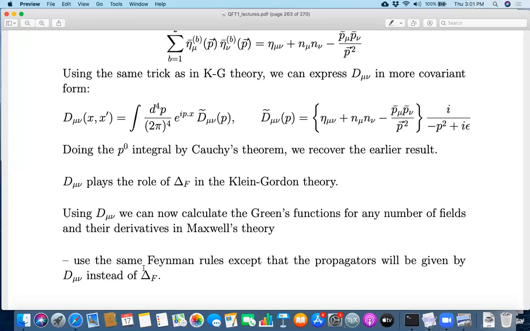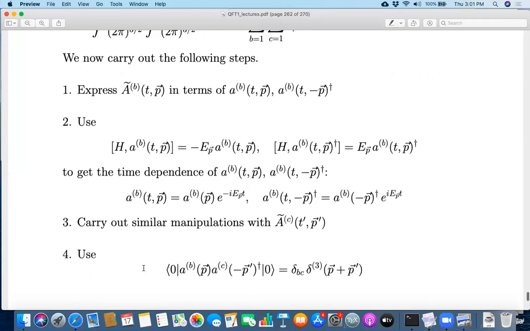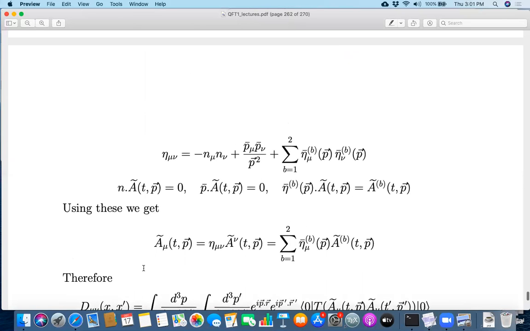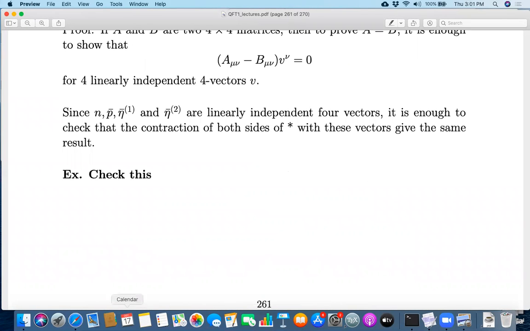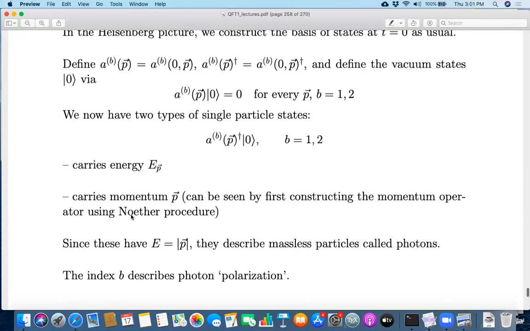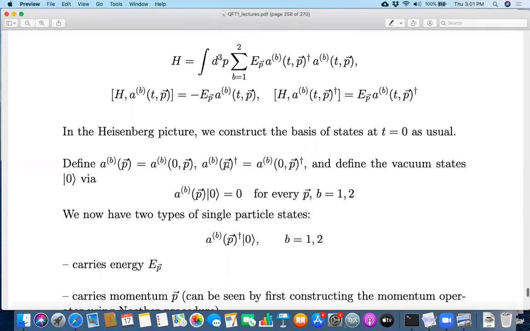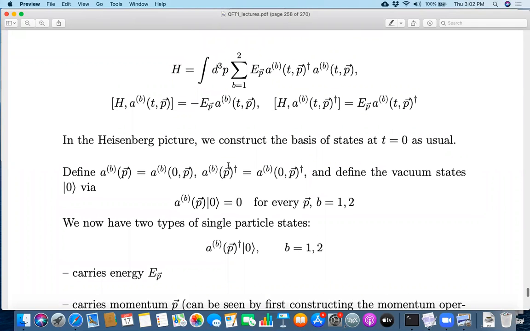Another point: there is a question of whether the photon mass can get renormalized. One of the arguments why the photon mass cannot get renormalized is that photons have only two polarizations, so the degrees of freedom that describe photons have only two fields.